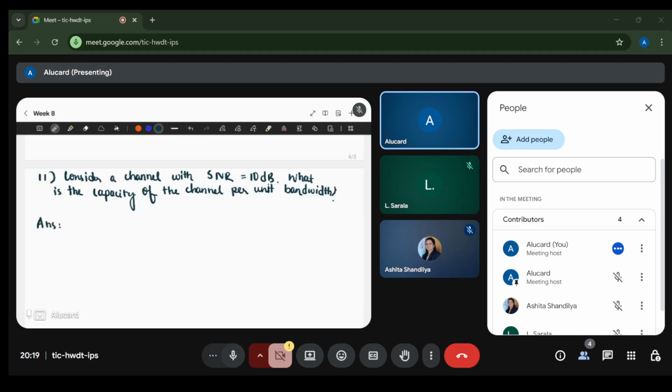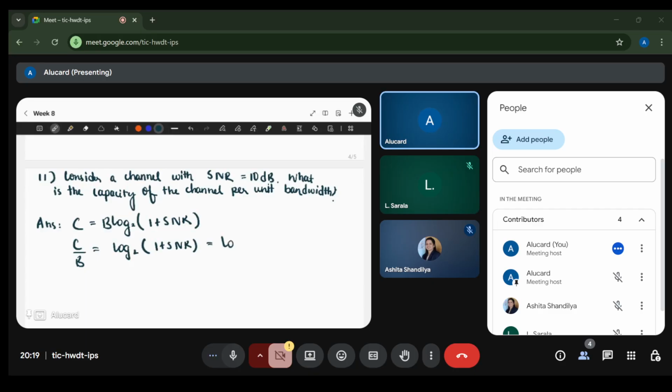okay? And in that case, the capacity, let me just say, capacity is bandwidth times log to the base 2 of 1 plus SNR. So capacity per unit bandwidth is log to the base 2 of 1 plus SNR.